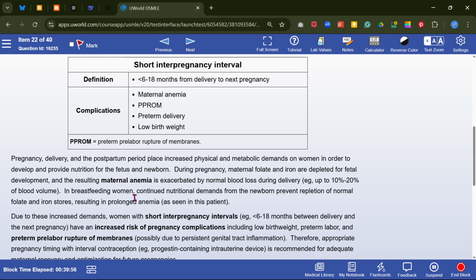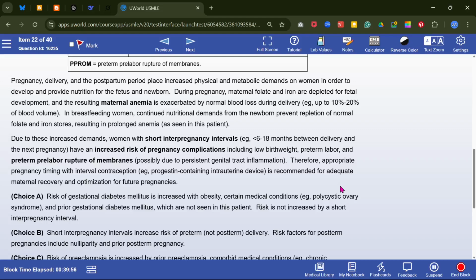Due to these increased demands, women with short pregnancy interval, less than 6 to 18 months between delivery and the next pregnancy, have increased risk of pregnancy complications, including low birth weight, preterm labor, and premature rupture of the membranes, possibly due to persistent genital tract inflammation.